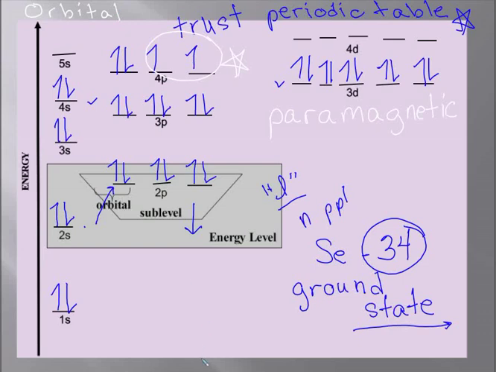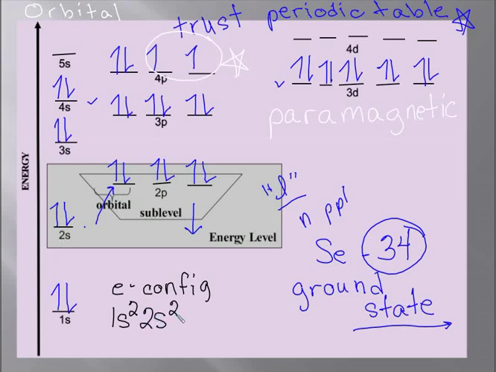Let's go ahead and write this in a little bit more of a shorthand manner that we call an electron configuration. We'll get the periodic table to help us with that so that we don't have to do orbital diagrams every time. I have 2 electrons in the first energy level, s sublevel, so I put 1s2.